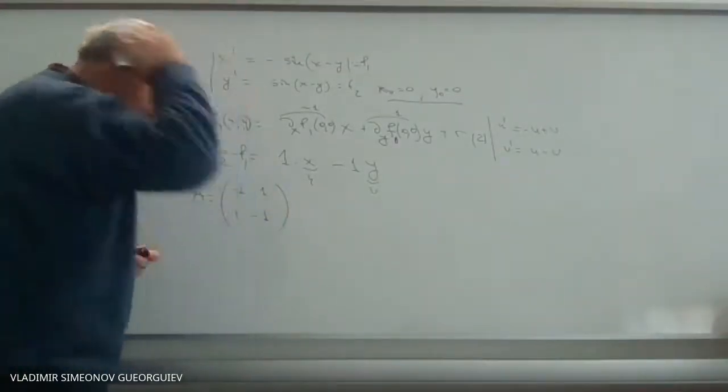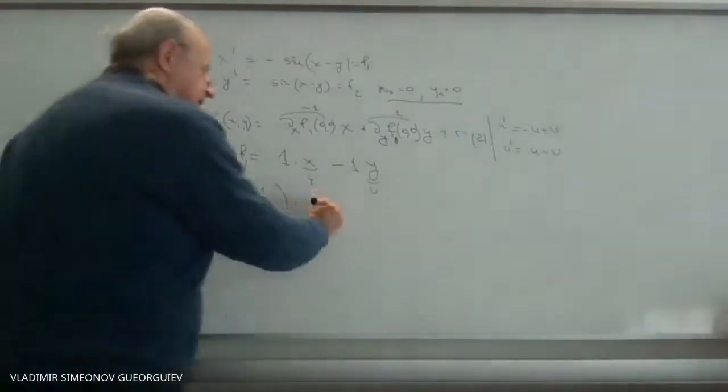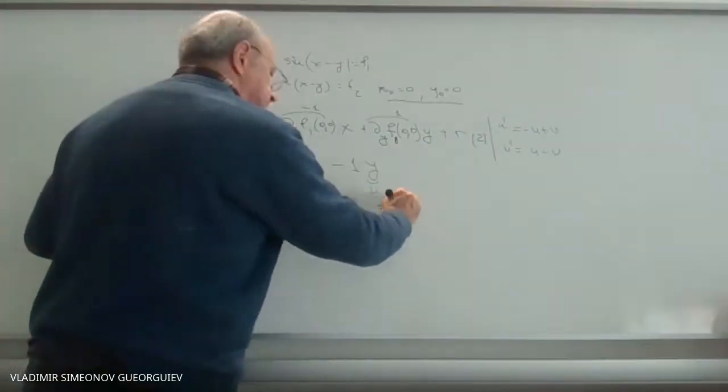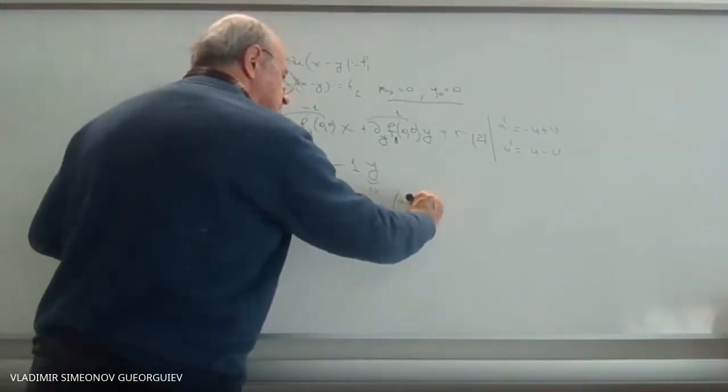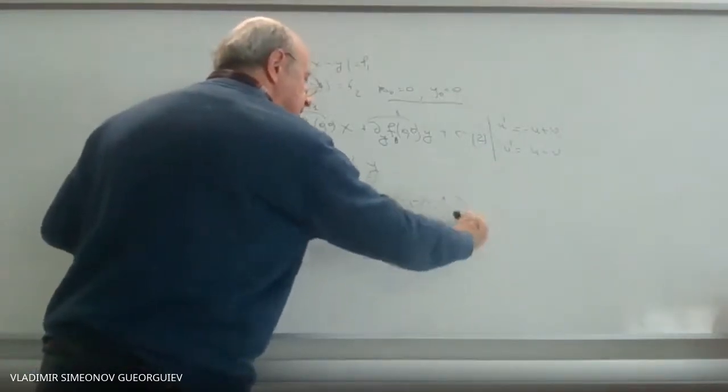I was thinking about A minus lambda. So, how can you find... values are negative. Yes, these are negative, but eigenvalues, they are A minus lambda E. This is minus 1 minus lambda, 1, 1, minus 1 minus lambda.